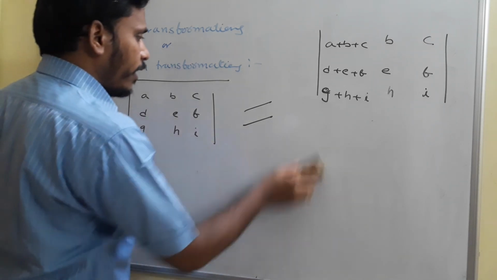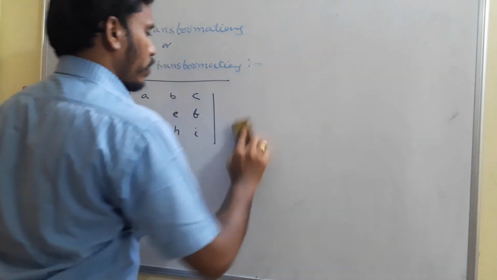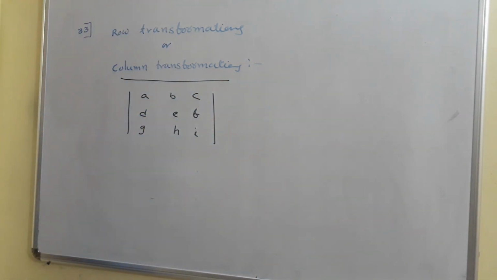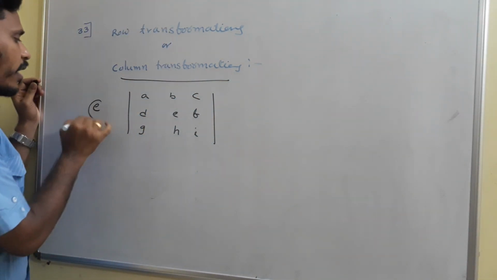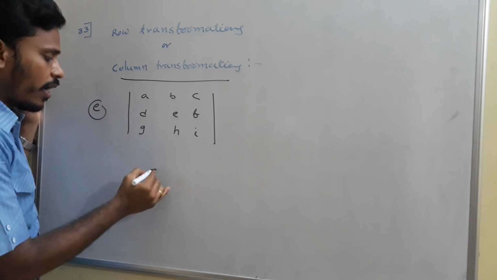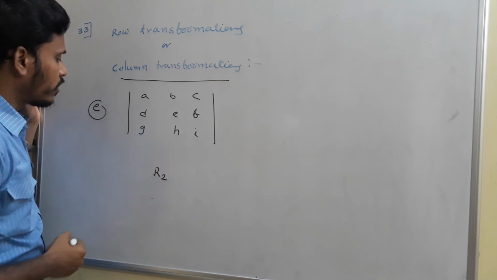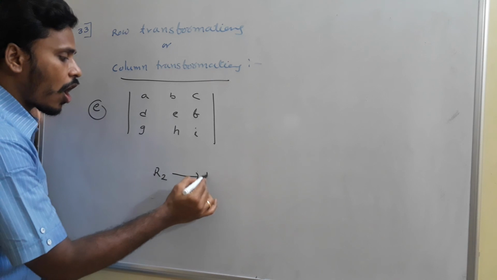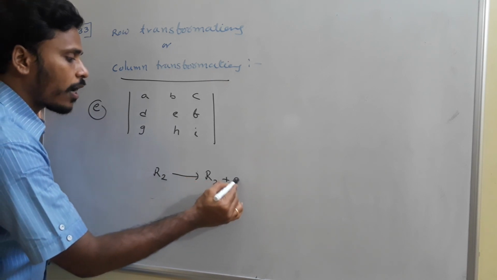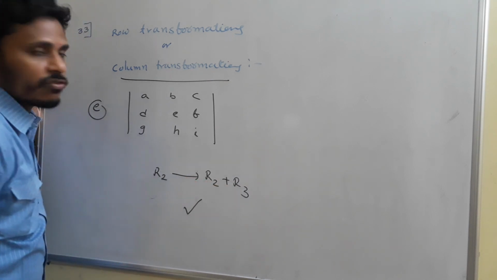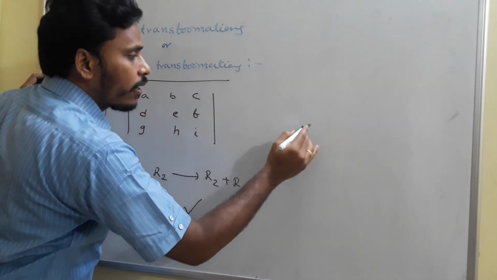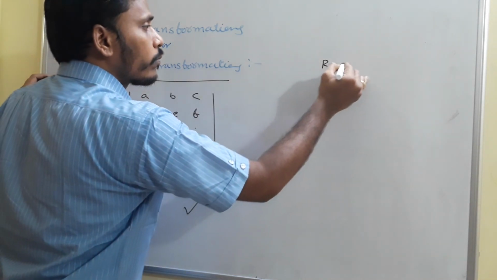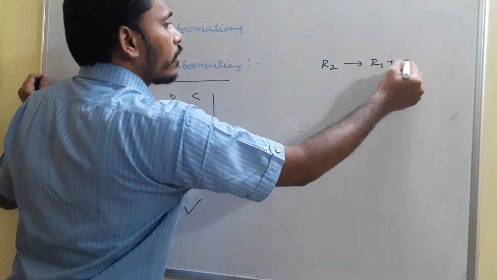I will give you one idea. Just have a look. Suppose I have the matrix like this: A, B, C, D, E, F, G, H, I. As I discussed earlier, we are changing R2 goes to R2 plus R3, and this is a correct transformation. But you can't write R2 goes to R1 plus R3.